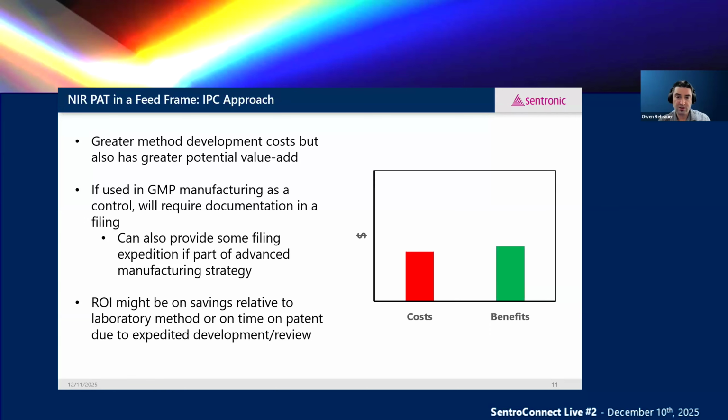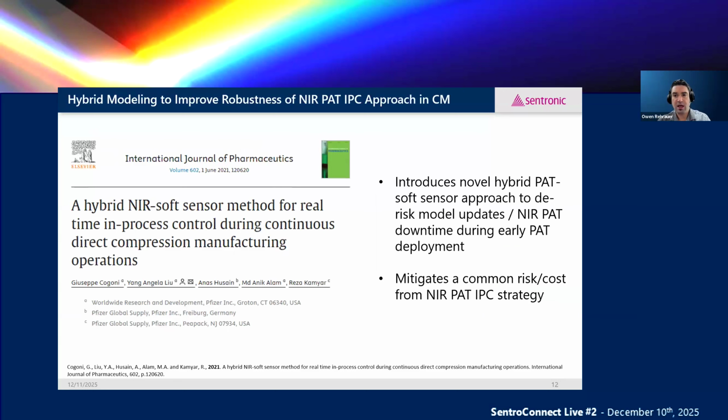This can have an advantage depending on how this is deployed in terms of savings relative to laboratory methods or to the aforementioned patent savings. I will say we are seeing some emerging approaches here in how this is deployed to minimize the cost of the NIR method.